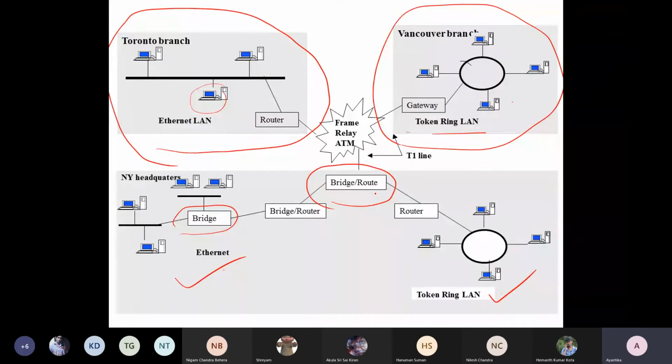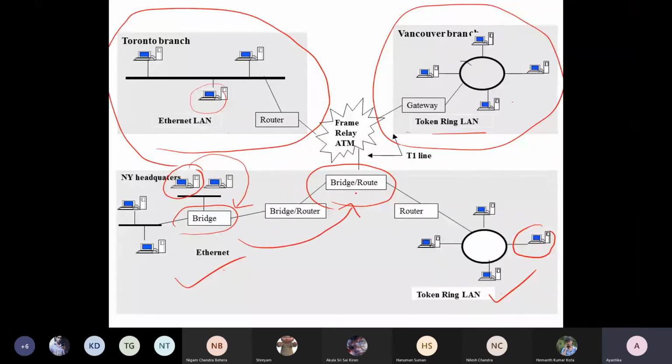Router means, let's say any communication is taking place from one source in this network to a destination in another network. In that case, these communication requests will come to maybe this bridge, this connecting point. From this connecting point, it will go to this router.